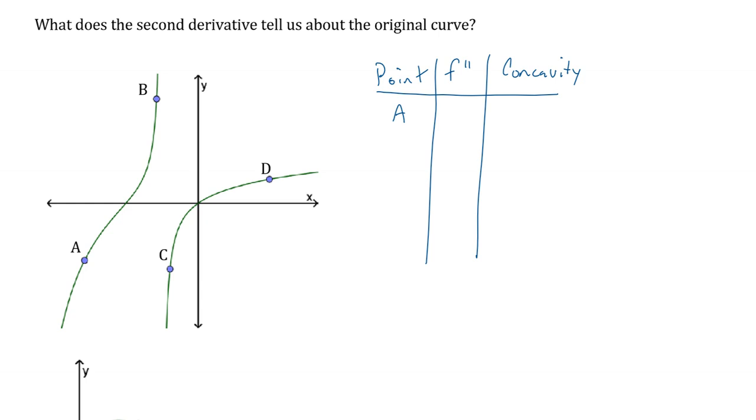Concave down, very good. So I'm going to do this, CD for concave down. Sorry, I put that in the wrong column. So f double prime will be what? Yeah, negative. And concave down, I should put it in that.